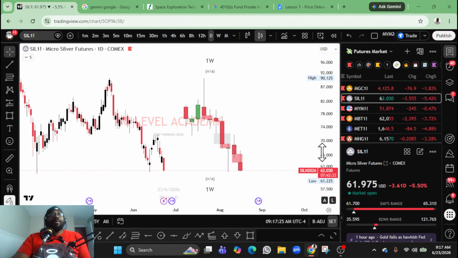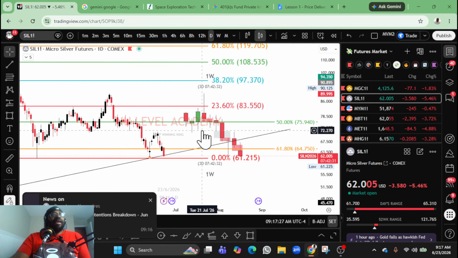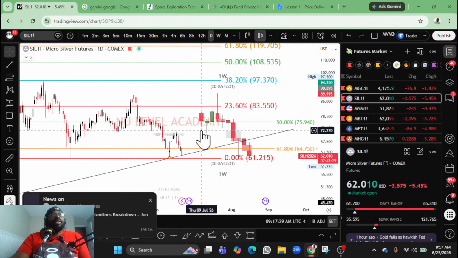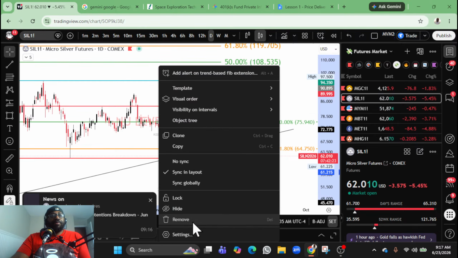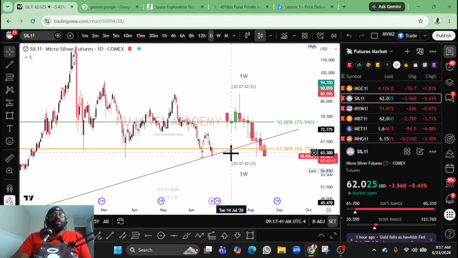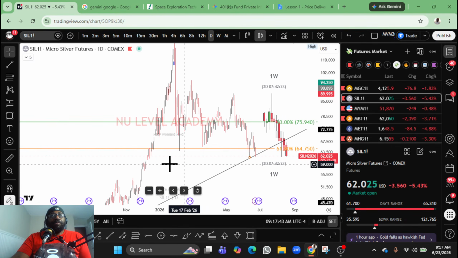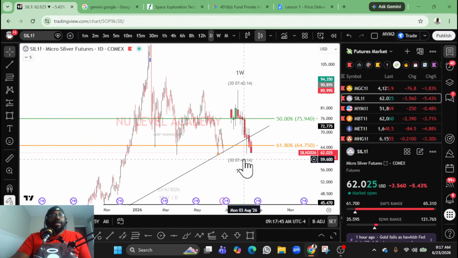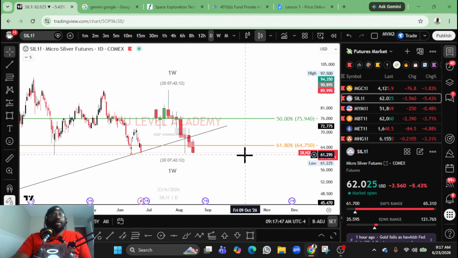Same thing with silver. Look at silver. Ever since Kevin Warsh came, silver gave you the idea that it was going to pump, and now it just failed completely, trading below the golden zone. And once you crack below there, look at it cracking below this trend line.